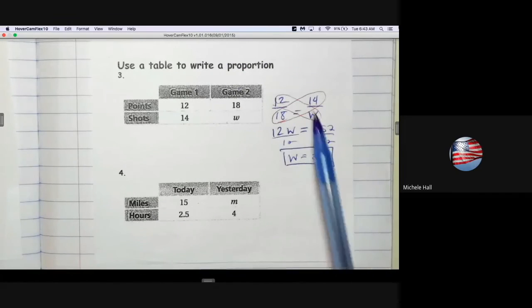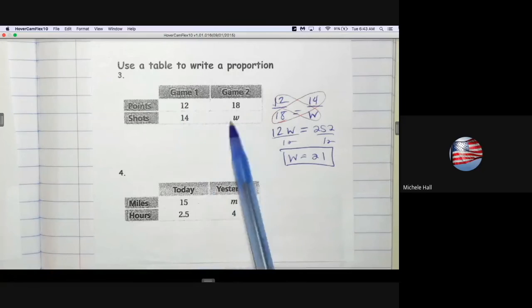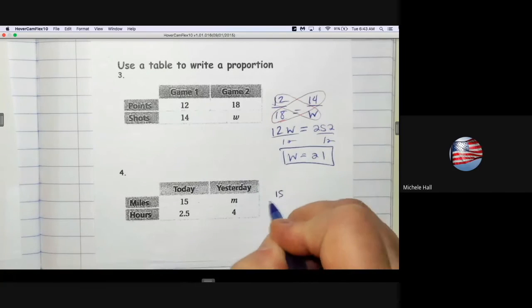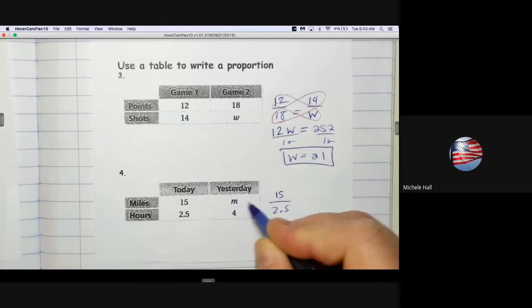All right, the first time I went 12 is to 18, 14 is to W. I'm going to try it differently. Let's go 15 is to 2.5 as M is to 4.